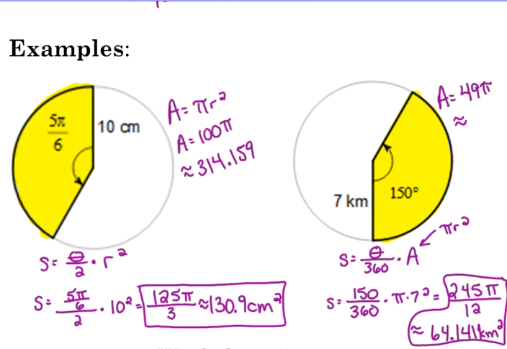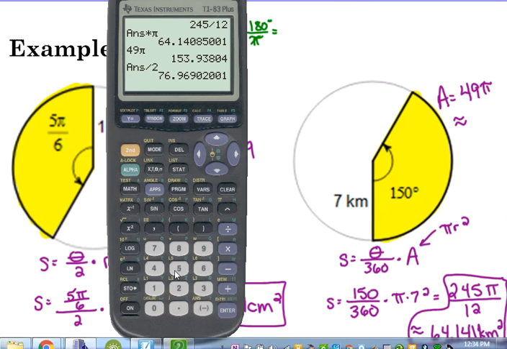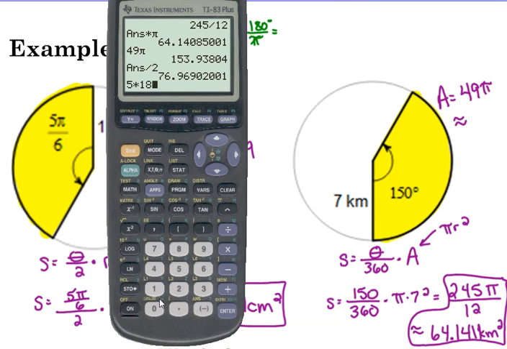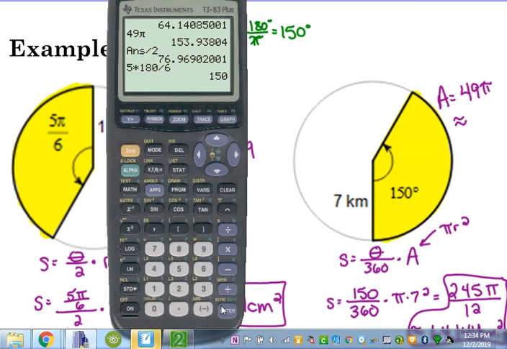Notice these pictures, they're kind of inverted, but we're actually talking about the same portion of both of these circles. 5 pi over 6, 150 degrees. They're actually the same. Let's do a quick flashback to last week where we convert radians to degrees or vice versa. 5 times 180 divided by 6 is 150 degrees.